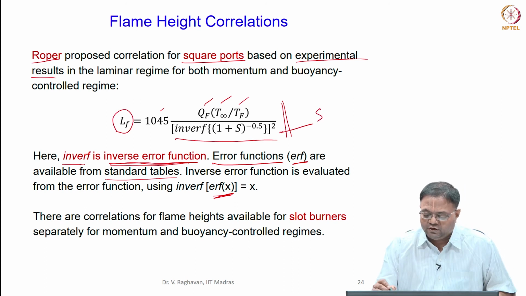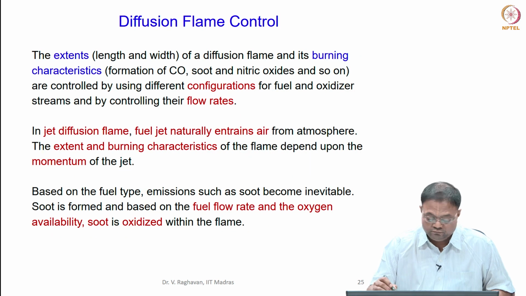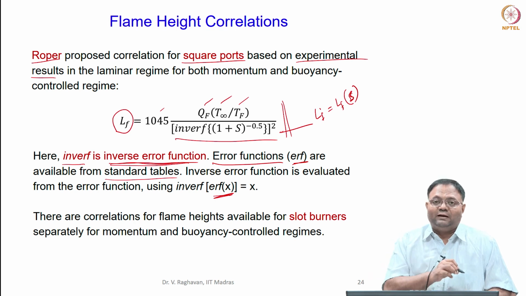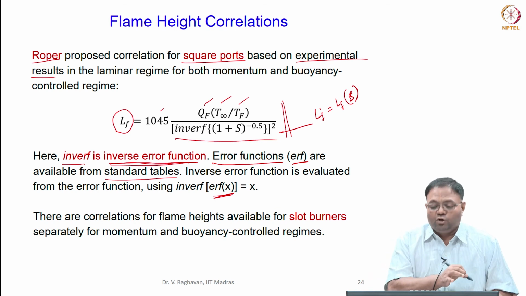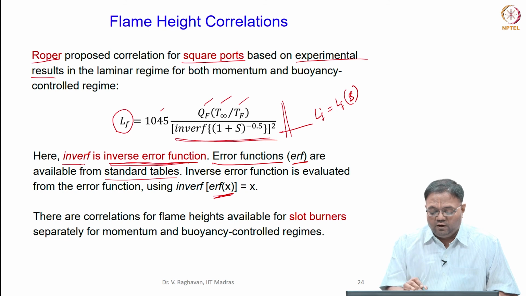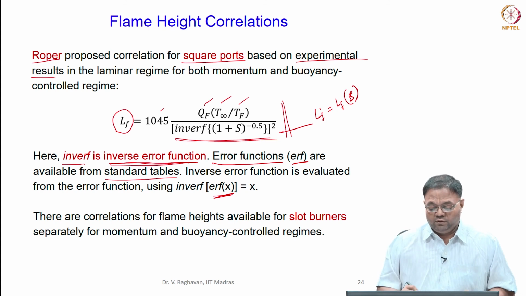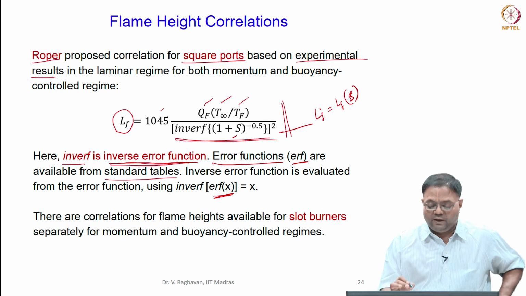So, the functional dependence of LF on S is different. If we used the natural logarithm for the circular ports, here inverse error function based functions are used for S. The S calculation is the same.